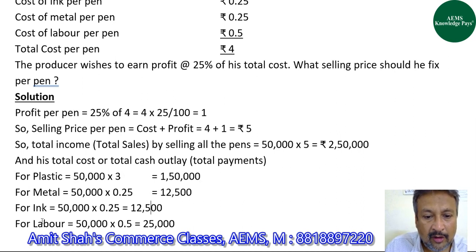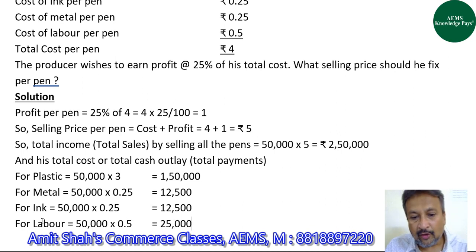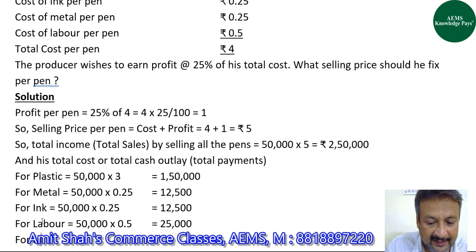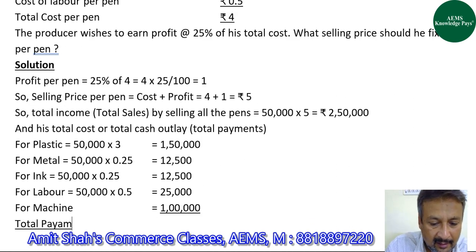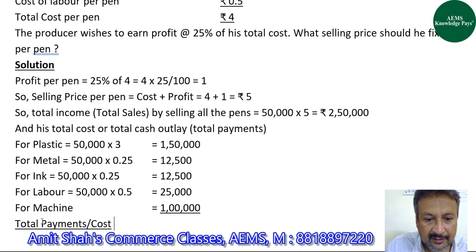But is it the total outlay of the pen producer? Is it the total outlay? No. He has also paid for machine. How much? 1 lakh. It means his total outlay or total payments or total cost is how much?